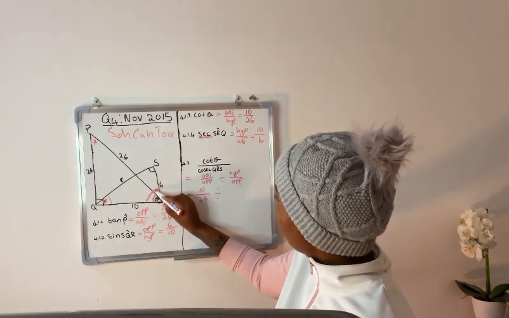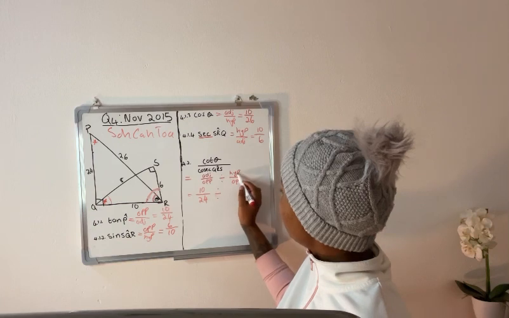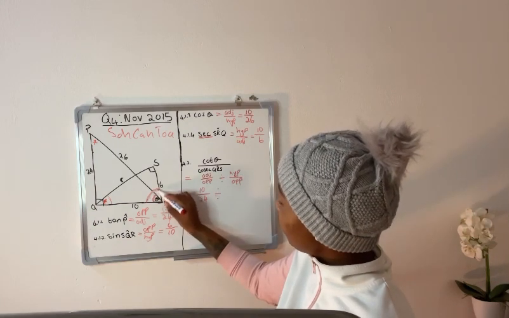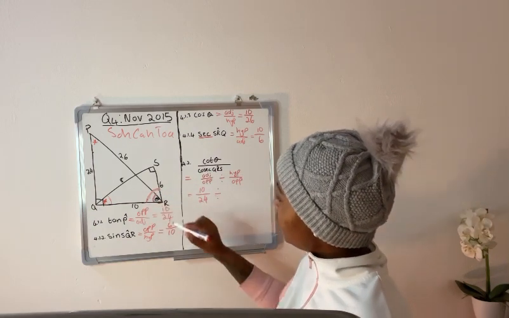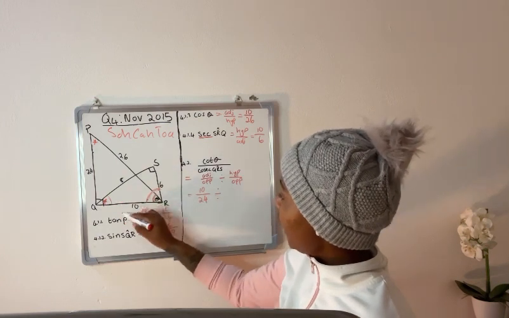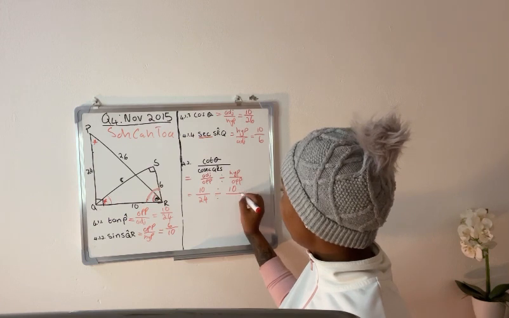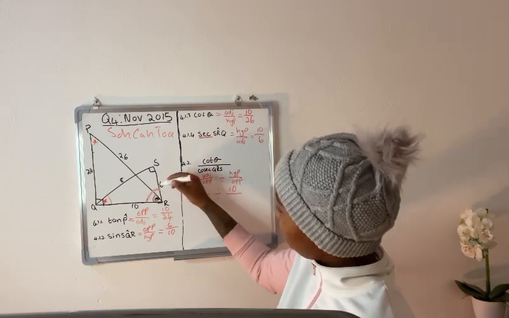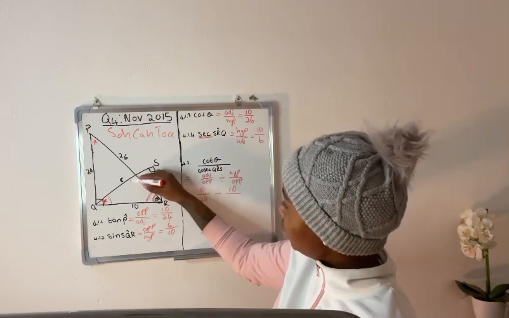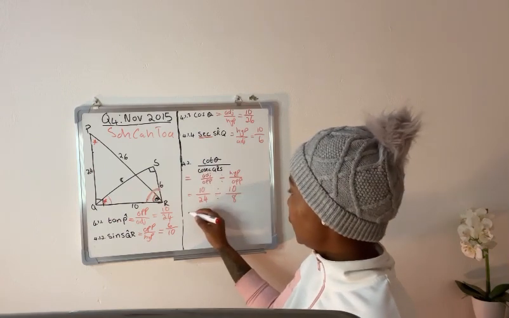Here is our angle QRS. The hypotenuse of angle QRS, remember, is the longest side of triangle QRS. The longest side of triangle QRS is 10, divided by the opposite of angle QRS, which is 8.